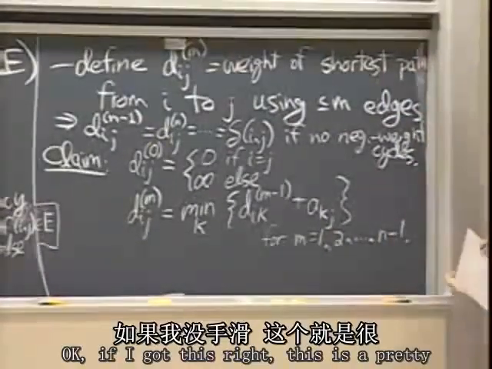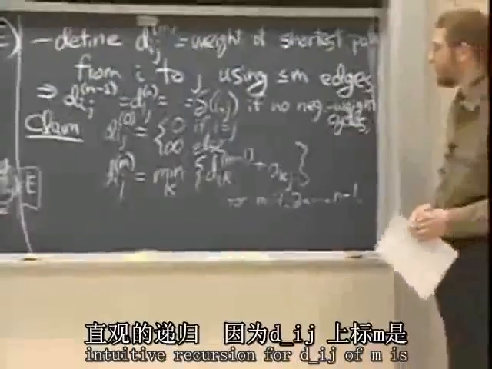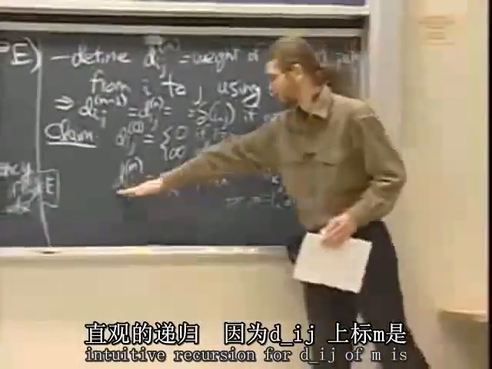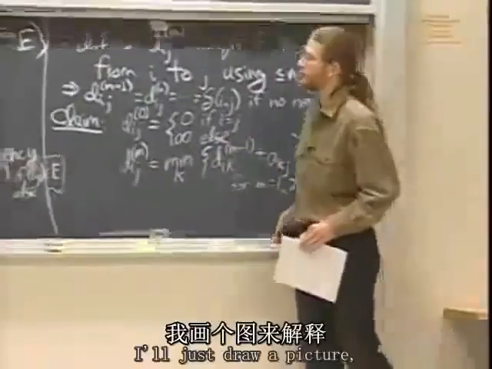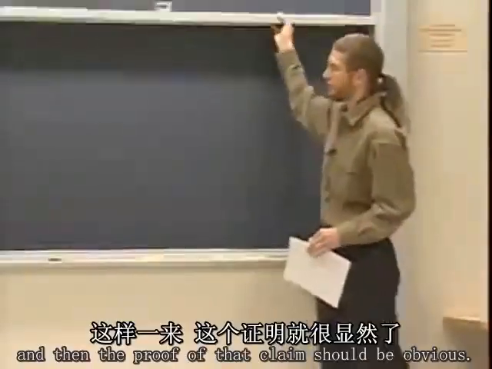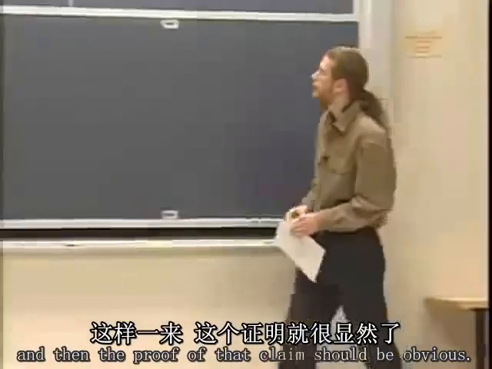This is a pretty intuitive recursion: d_ij of m is a min of smaller things in terms of m minus 1. I'll just draw the picture, and then the proof of that claim should be obvious.